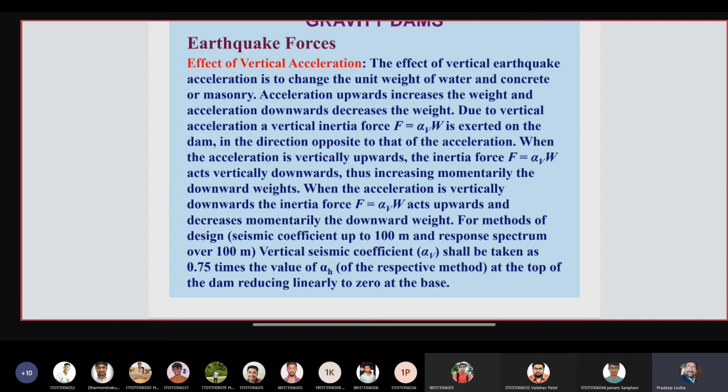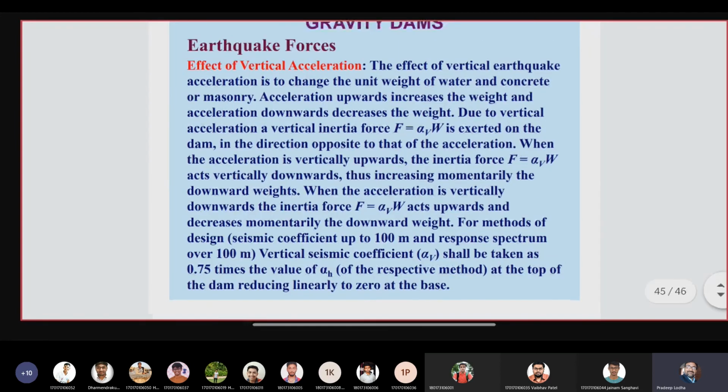So you need to consider that due to vertical acceleration, a vertical inertia force alpha V W is exerted, where W is the weight of the dam. This alpha V is nothing but equal to 0.75 times alpha h.